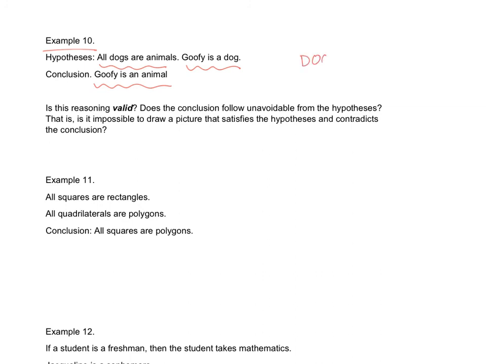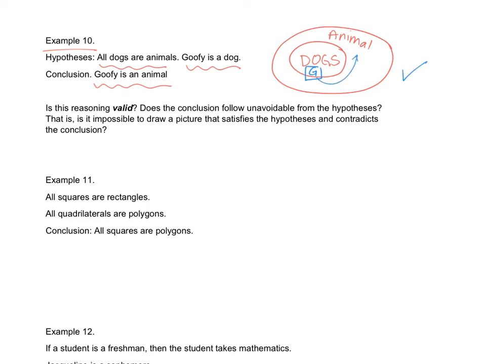So if we think of the set of all the dogs, and they're all animals, they're going to live inside the animal group. Now it says Goofy is a dog. So if Goofy's a dog, then Goofy's going to live inside the dog circle. And so you can conclude just looking at the picture that, of course, Goofy has to be inside the animal circle.